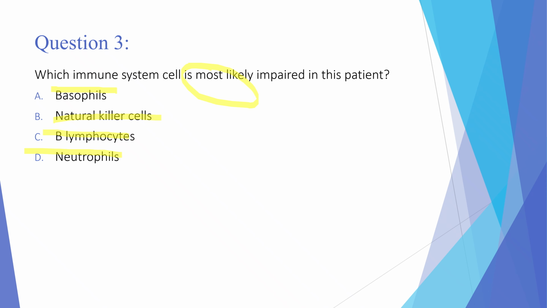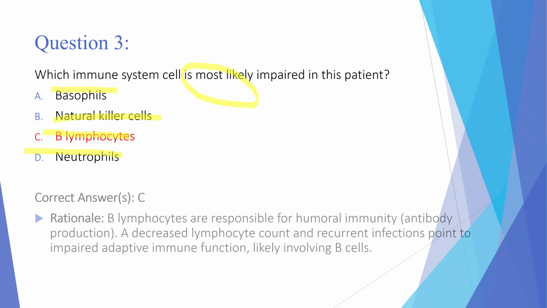B lymphocytes, because they are responsible for humoral immunity, the antibody production. A decrease in lymphocyte count and recurrent infection point to impaired adaptive immune function, likely involving B cells.